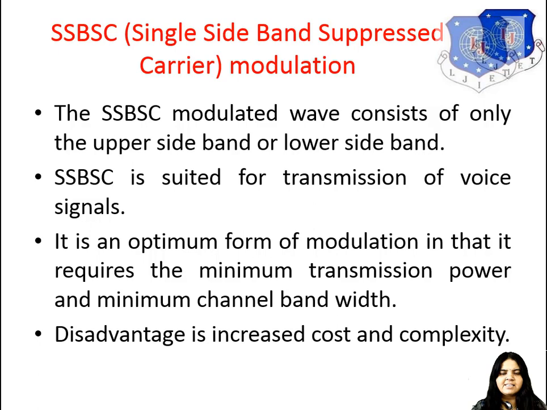So the SSB modulated wave consists of only the upper sideband or the lower sideband. SSBSC is suited for the transmission of voice signals. It is an optimum form of modulation in that it requires the minimum transmission power and minimum channel bandwidth. Disadvantages: increased cost and complexity.